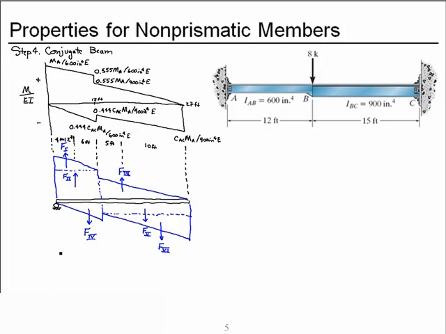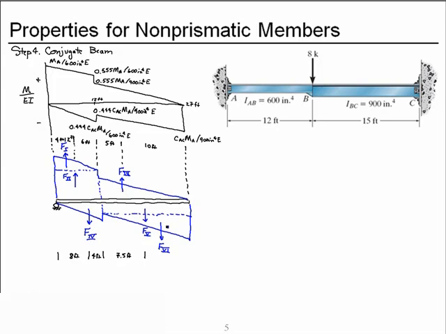And down here, again, this is 12 feet, only now we need 2/3 of it, so it's 8 feet from A to force 4, then another 4 feet, then halfway across the 15 feet is 7.5 feet.